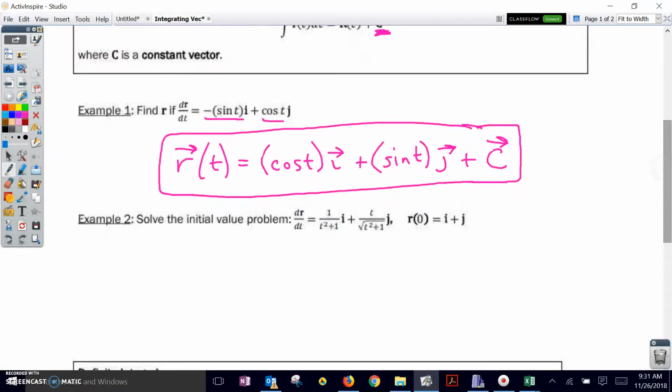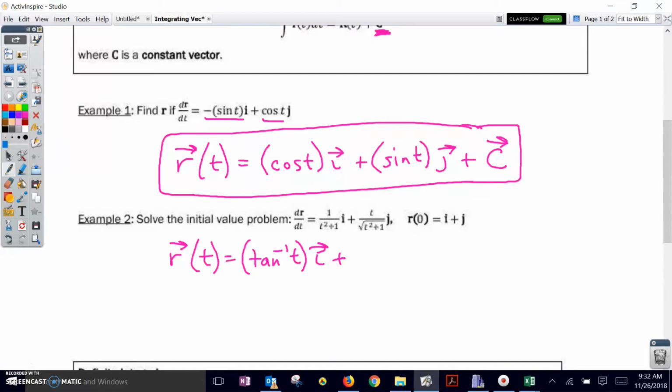And now we can apply this to initial value type problems. We've got dr/dt equals the given function there, and so we're going to take the antiderivative of each of these components. The antiderivative of 1 over t squared plus 1 is going to be the arctangent of t. And the antiderivative of t over the square root of t squared plus 1 is going to be what?